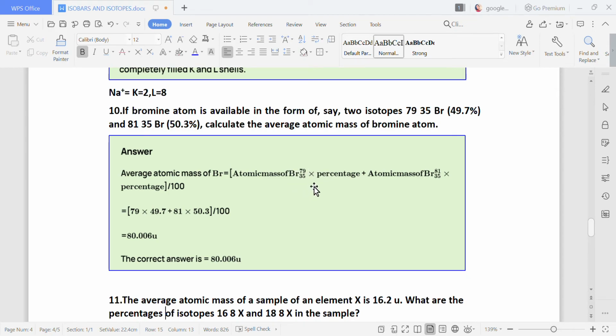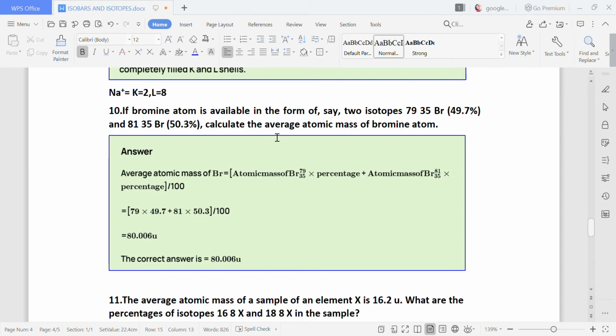It should be written like this, as you see here. So there are two isotopes of bromine. One is having 49.7 percent, and the other isotope, 81 35 Br, is 50.3 percent.